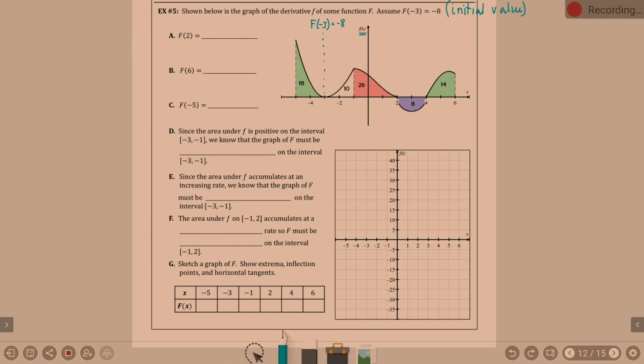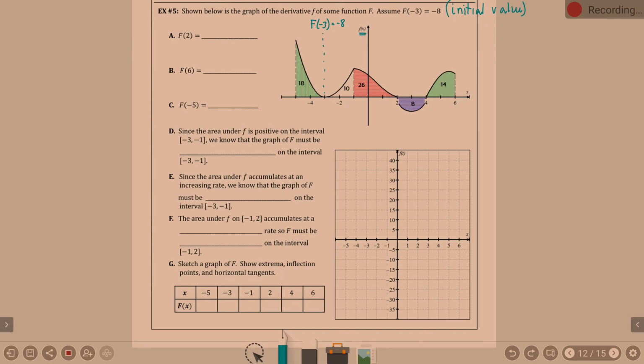With them giving us this initial value, they're saying right here that f of negative 3 equals negative 8. Any areas we find to the right of this, as we go right, we're going to add these on. Any areas we find to the left of it, we're going to be subtracting, because we're moving backwards from that value.